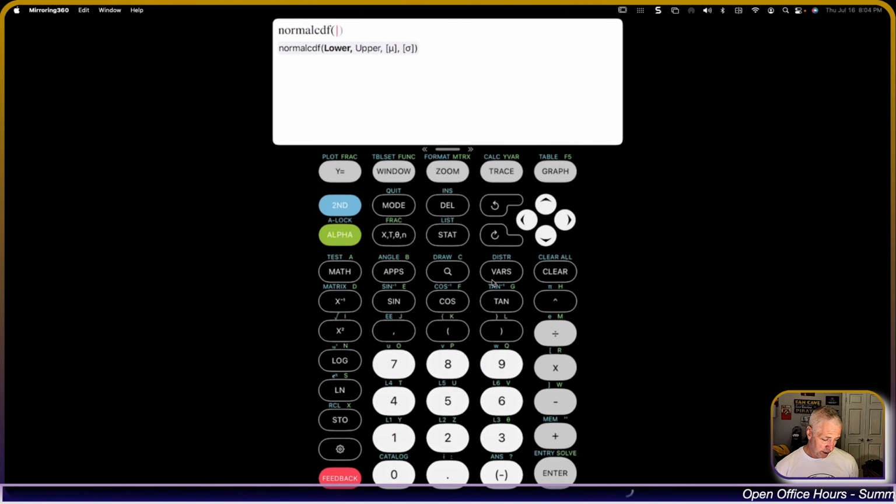My leftmost is negative 0.19, and then comma, and my rightmost is 0.48. 0.259731. Okay. Now I'm done with the calculator.